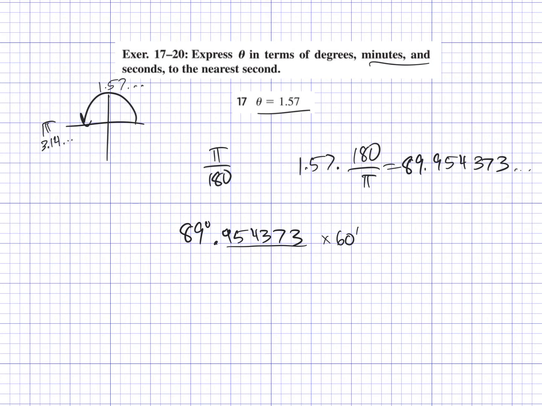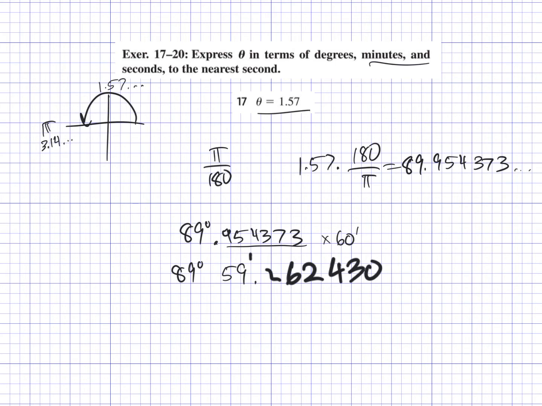And that would be 59 point, okay, so 59 point, let's see, where's it at here? 262430. Okay. And then, okay, so that's your minutes.